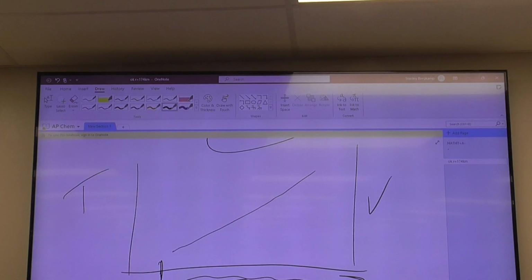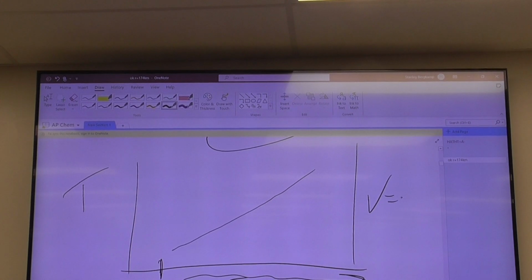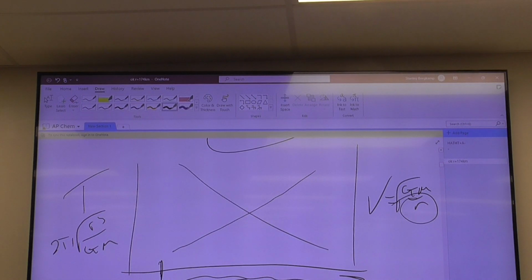Here's the reason why. Velocity is the square root of big G M over R, and period is 2 pi times the square root of r cubed over big G M. If you make the radius bigger, what's going to happen to your velocity? It's less. So that graph is going to go down like that. Hopefully that makes sense.